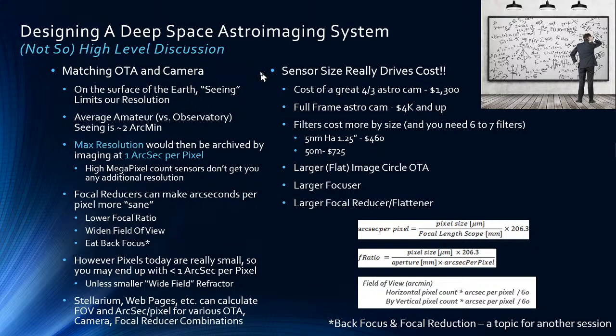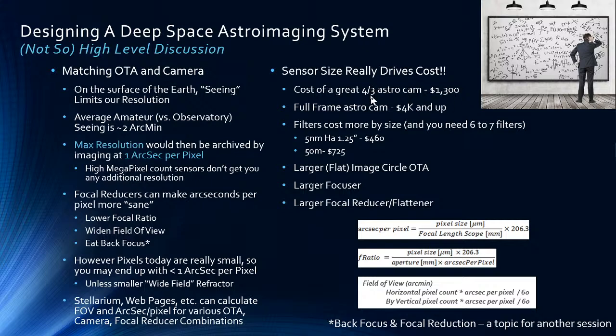And then the other point I want to make here when considering cameras and stuff is sensor size really drives the cost, and it does so for like 3 or 4 reasons, right? So you can get a great astrocam, and I'm referring here to the ZWO ASI 1600 as a super popular astro camera, for about $1,300.